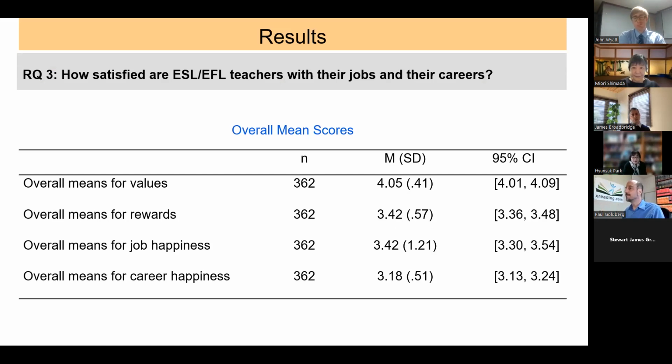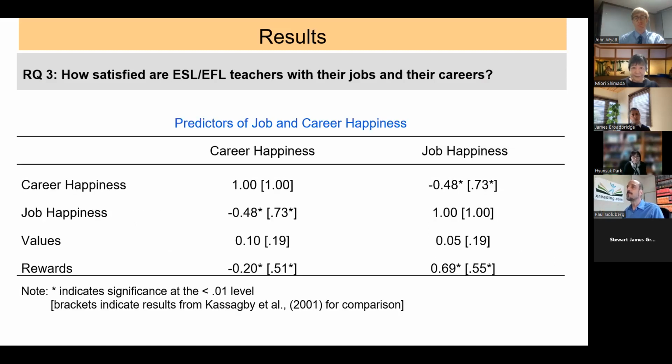The result indicated that what one values in a job or career and what one actually receives may be disparate. There exists a strong positive correlation between rewards and job happiness, which means that as the rewards associated with a particular job increase, so does the teacher's happiness with it.